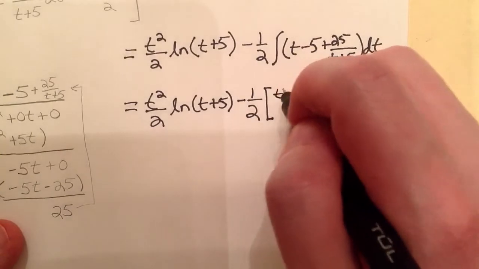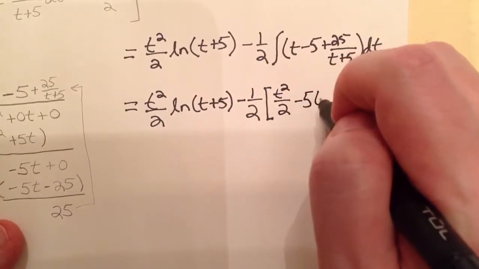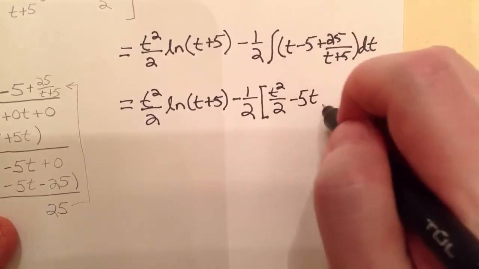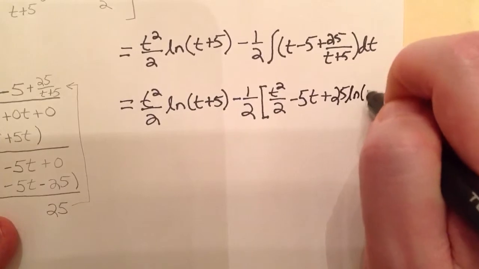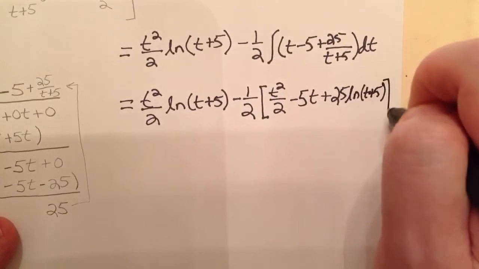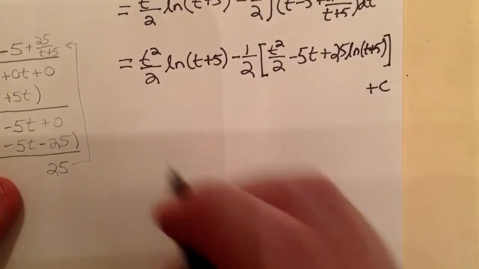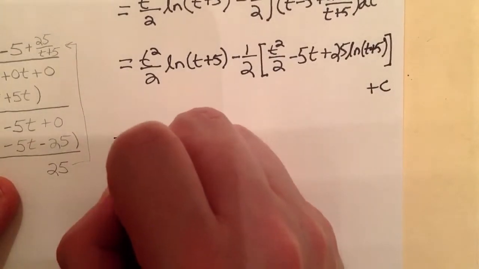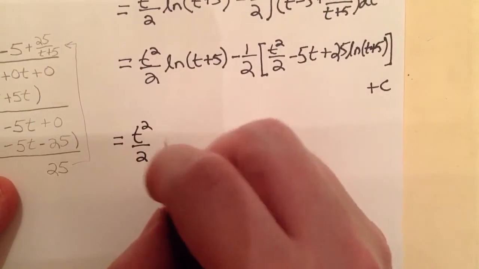Okay, so we have t squared over 2 minus 5t plus 25 times natural logarithm of t plus 5, followed by the constants.